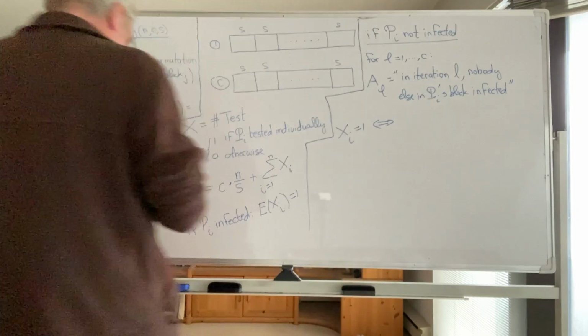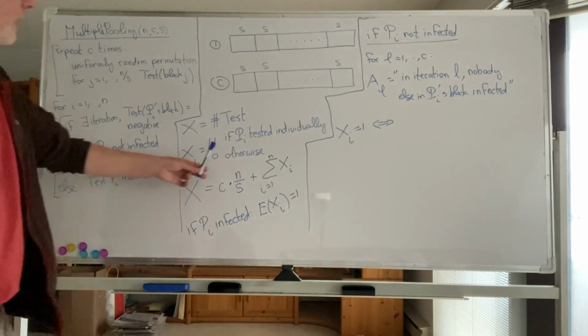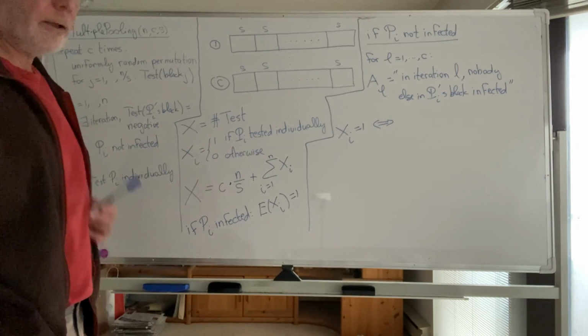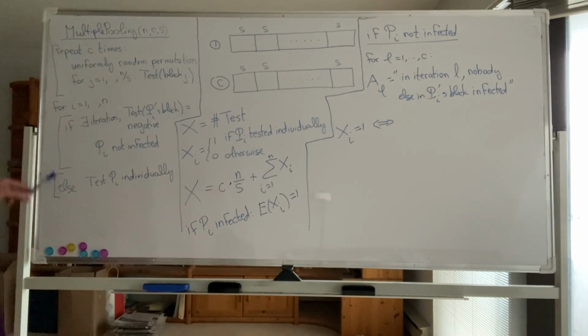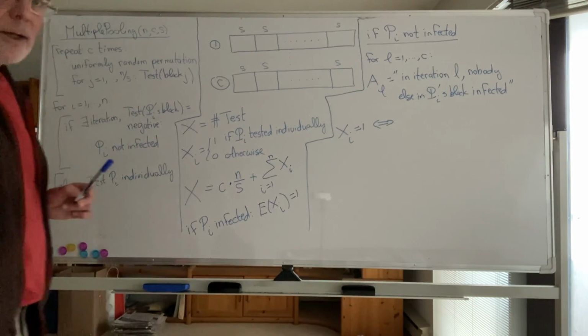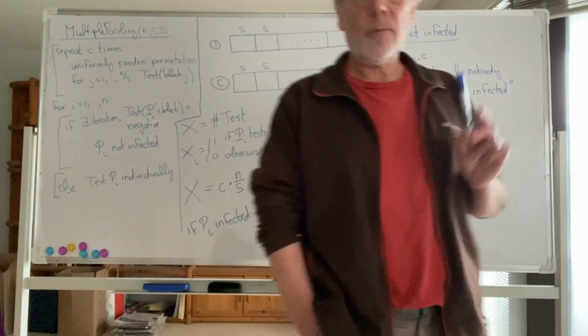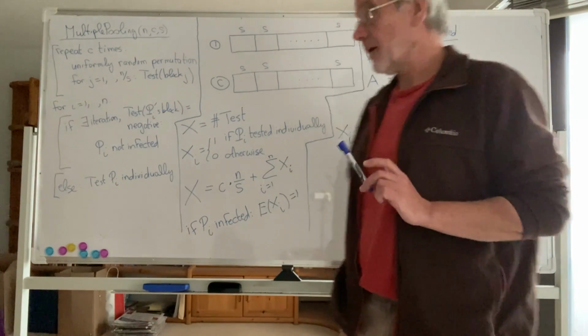So when is Xi equal to 1? Xi is 1 means we test person i individually. That means we are in the else case here, which means this is not true, and the negation of this is that for every iteration, the result of the test on Pi's block is positive. That means for every iteration, you ask what is the block where person number i is, and then at least one of the people in that block has been infected.